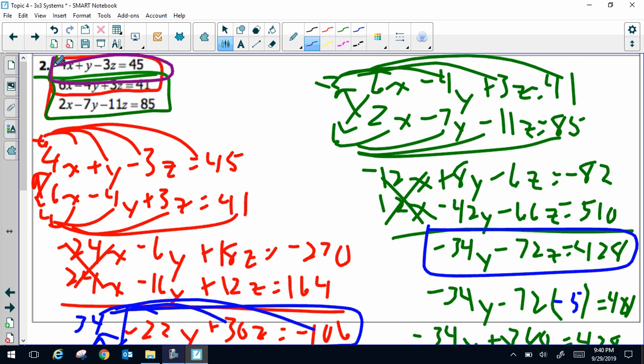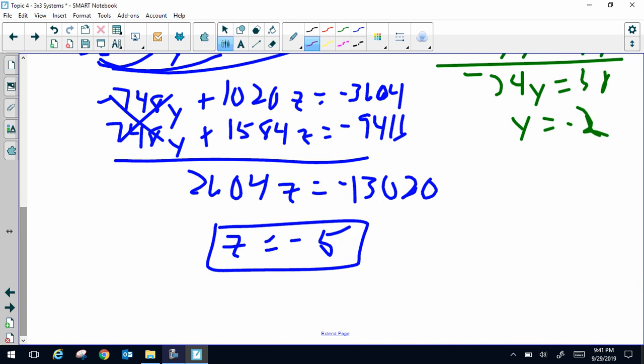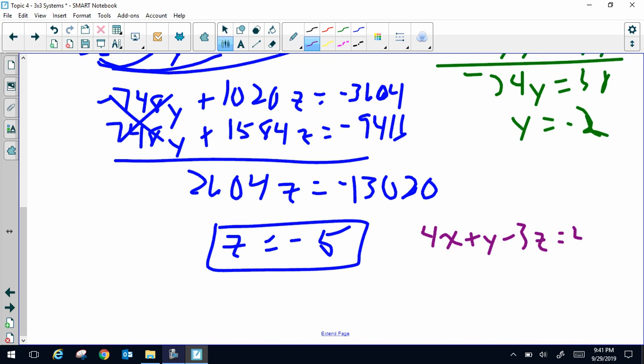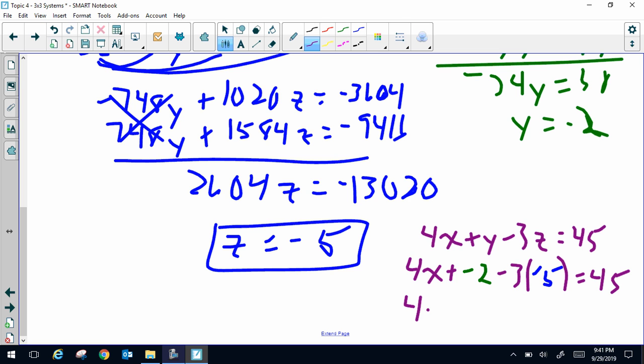So 4x plus y minus 3z equals, I think it was 45. Yes, it was. Okay, you know your y is negative 2. You know your z is negative 5. So 4x minus 2 plus 15 equals 45.